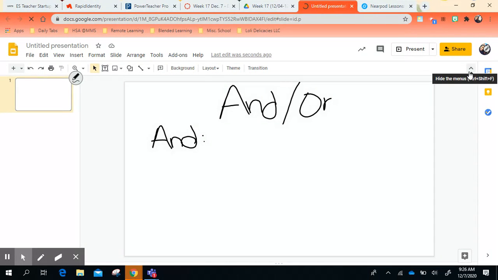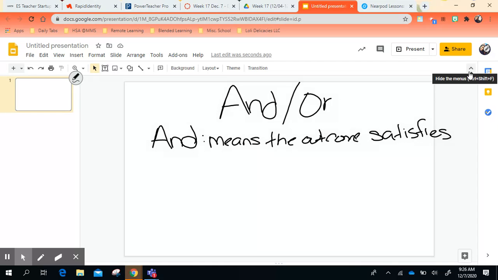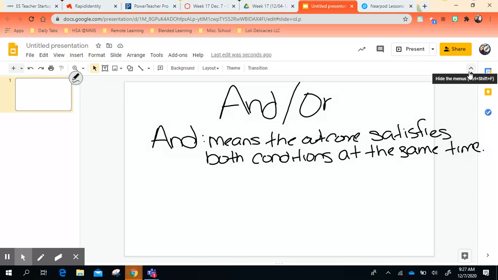So and means the outcome satisfies both conditions at the same time. So write that real quick.